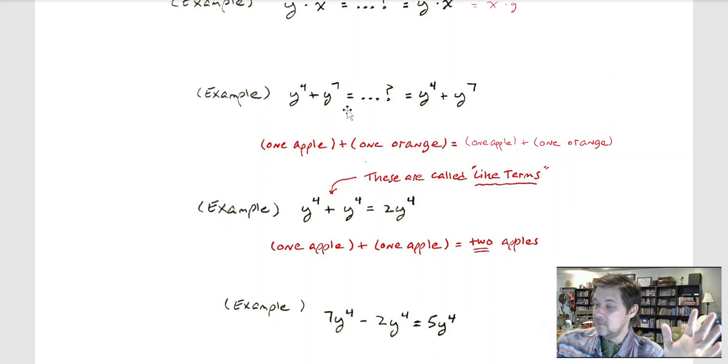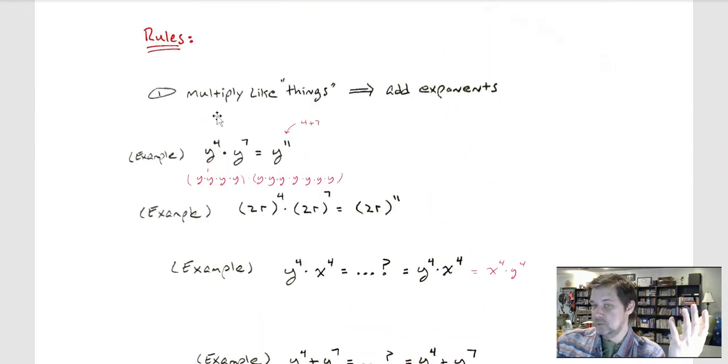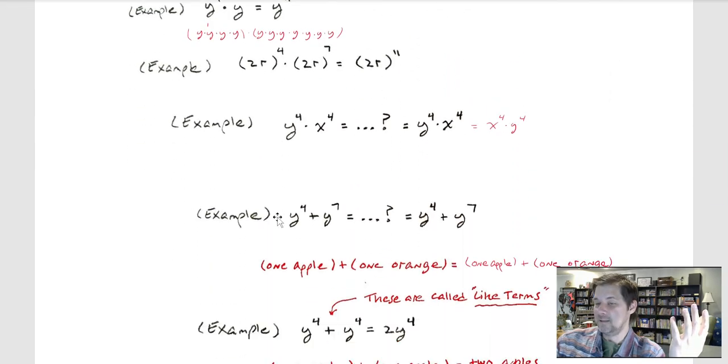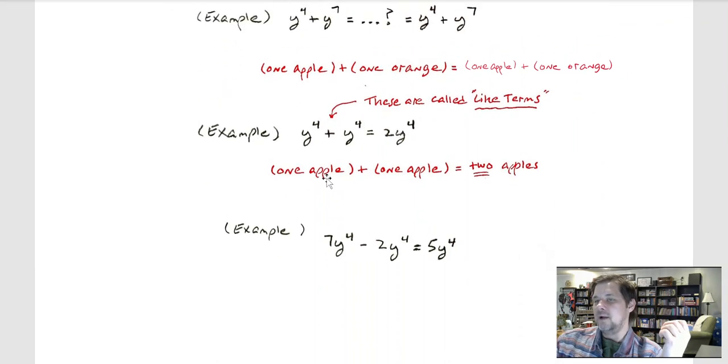But we can't do that, all right? So I'm mainly mentioning this to say you might run into something like this. It may seem similar, like this rule for multiplying like things and adding the exponents, but it's not the same, okay? But adding like terms applies to anything, anytime you have the same thing that's being added or subtracted, okay?